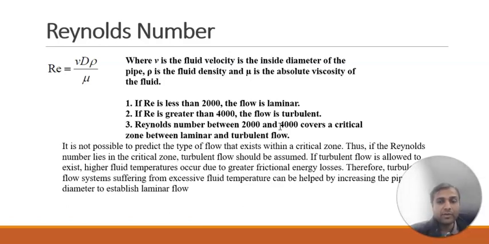Okay, if there is a turbulent flow and we want to make it a laminar flow, what can we do? The first thing is we can change the diameter. We can change the viscosity of the fluid, but obviously if we are having the same fluid we won't be able to. We can change the type of the pipe.